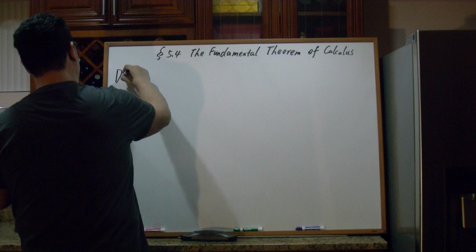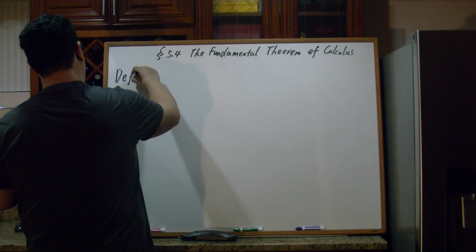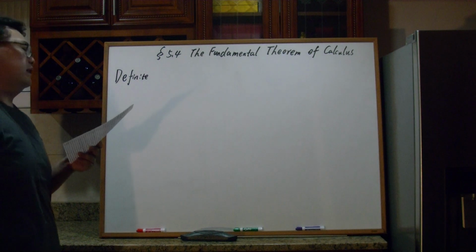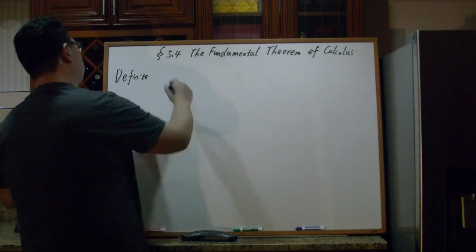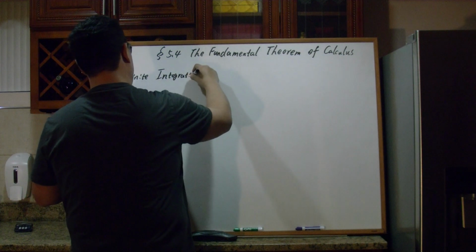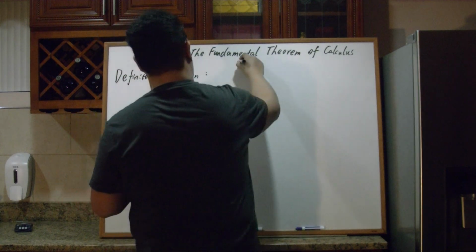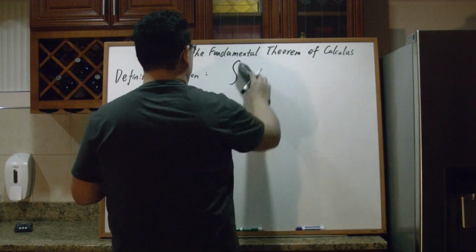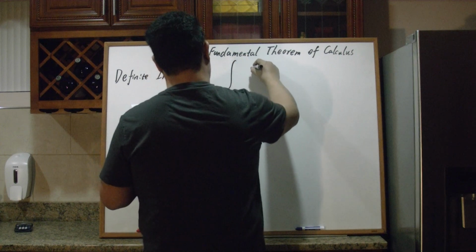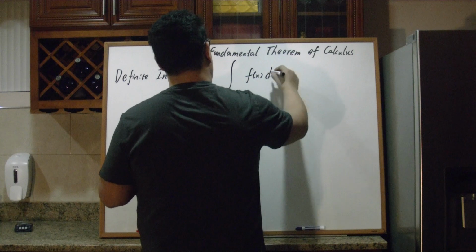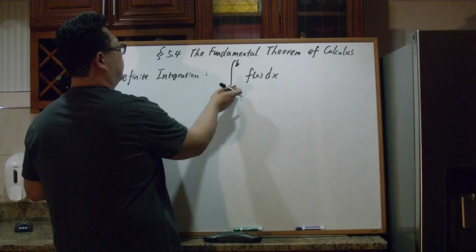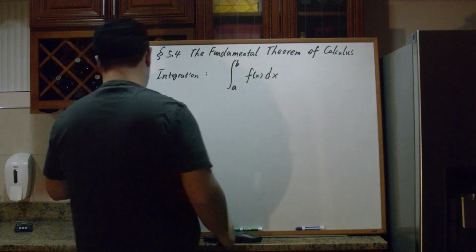Which is the definition of the definite integral. In section 5.1 we saw the indefinite integral, and the definite integral is the notation with the integration symbol of f of x, with the values a and b as subscript and superscript, from a to b of f of x.